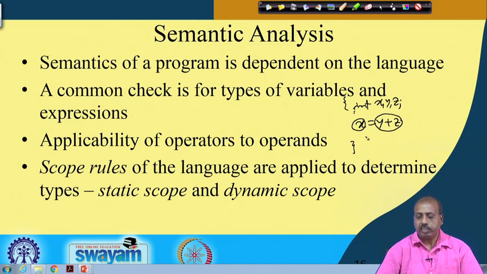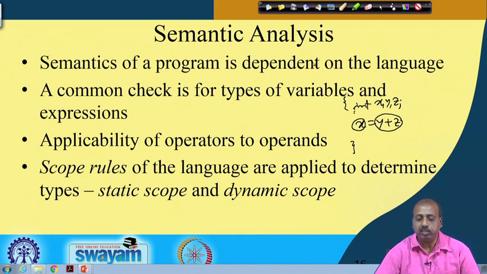However, some programming languages allow nesting of functions or procedures. If a variable is used whose type is not available within the function, the compiler will go up the hierarchy and try to identify the block at which this variable has been defined. So this nesting of programming language structures determines the actual type of the variable that we are going to use. That comes under the scope rule. We will discuss this in detail when we get to type checking.